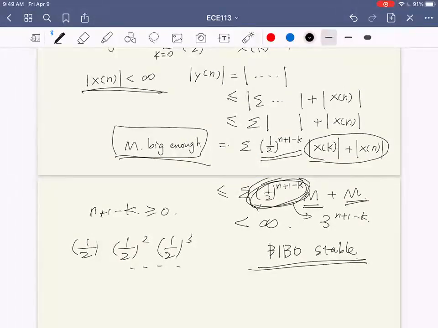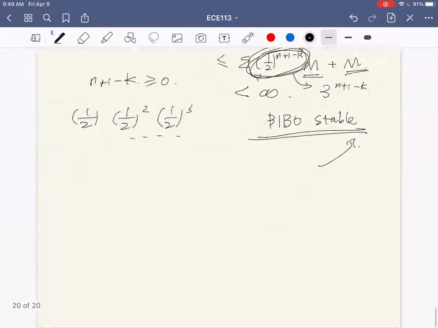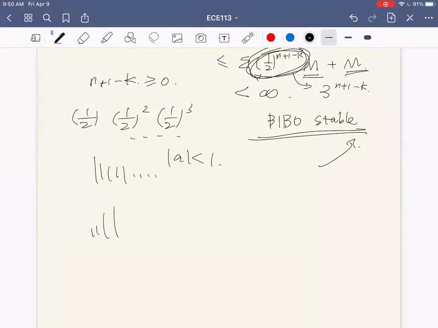So it won't be bounded by m because it will explode as we increase the index. I see. So it's because we have that geometric series where the ratio is less than 1. Yes, you're right. So about the BIBO stability, we want the numbers to be smaller than 1. Otherwise, it will grow exponentially, which causes instability.